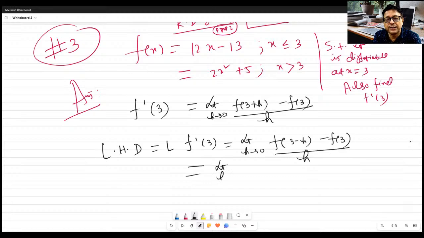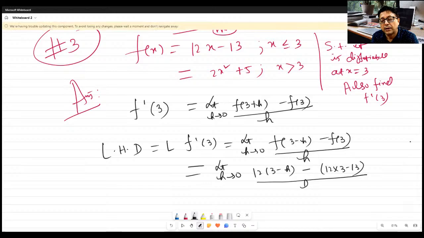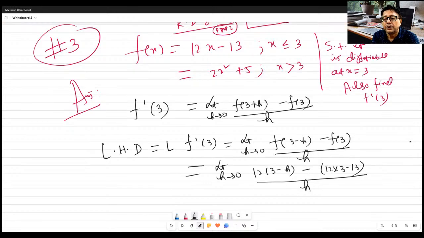So this is limit h tending to 0, 3 minus h is this part. You put f3, you have to put there only.